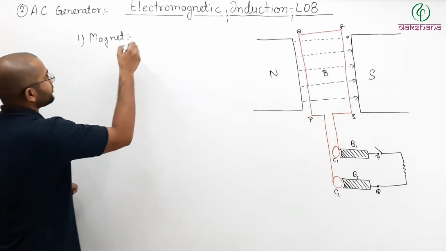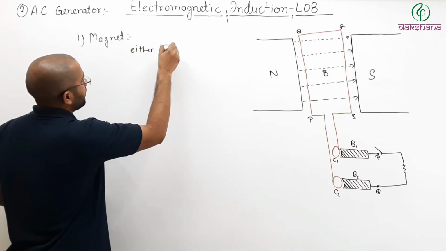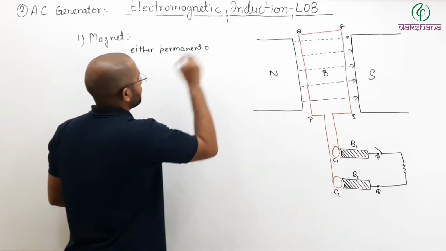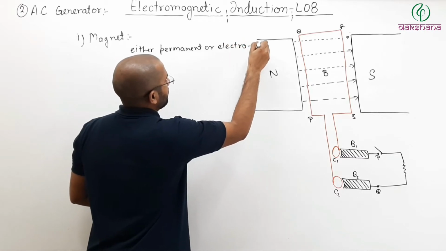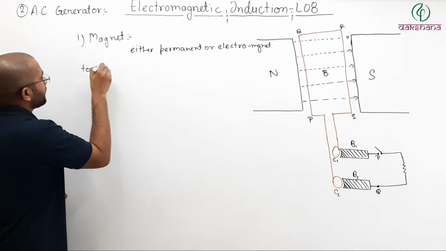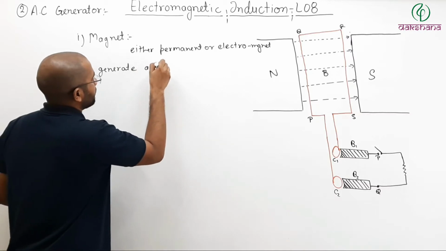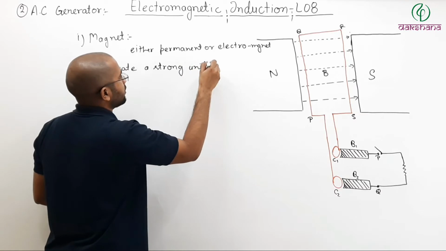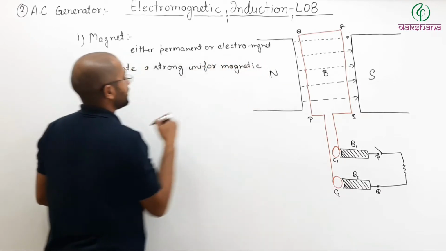So magnet: either permanent or electromagnet, to generate a strong uniform magnetic field.